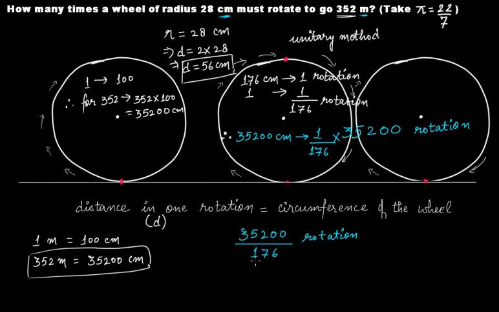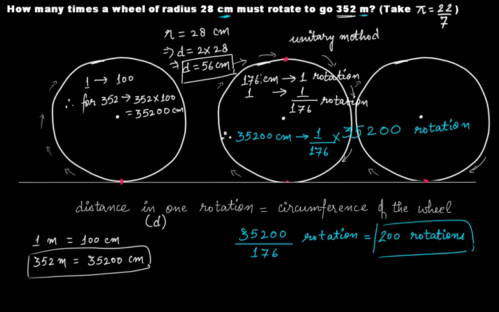If you divide this, you get 200 rotations. So when this wheel covers the distance of 352 meters, it makes 200 rotations.